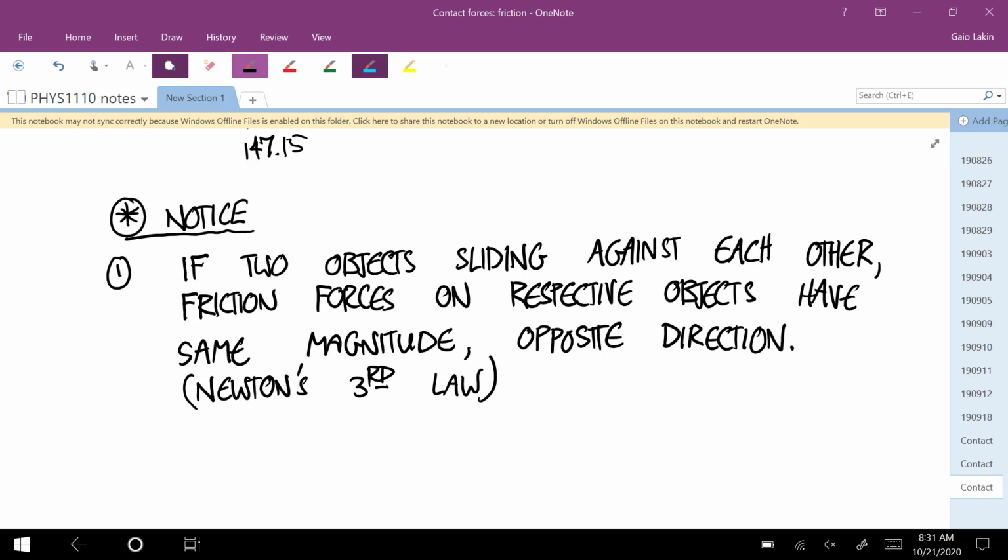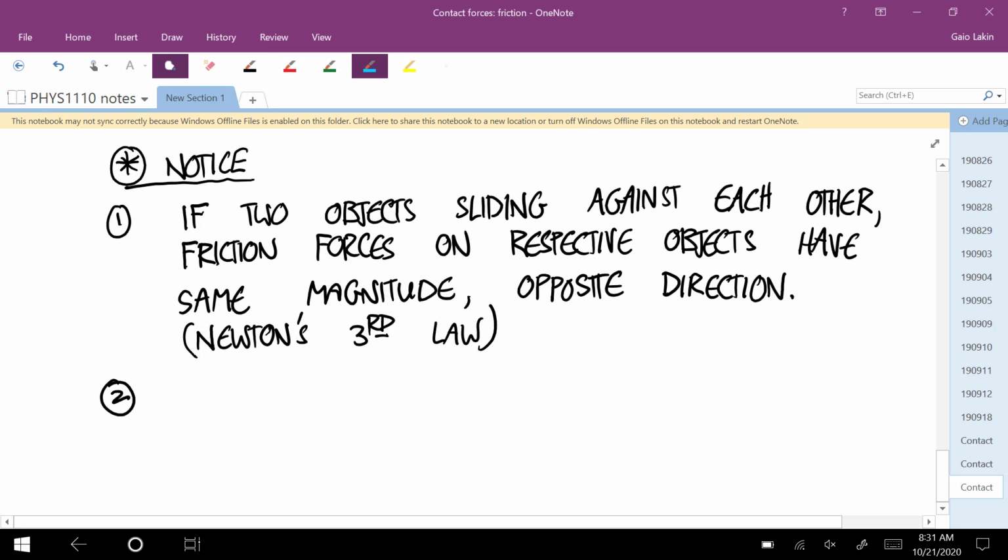Okay, the second thing that I want you to notice is that friction is the only force that we've dealt with that cares at all about the object's velocity. When you're dealing with kinetic friction, you have to know the direction that the object is moving.